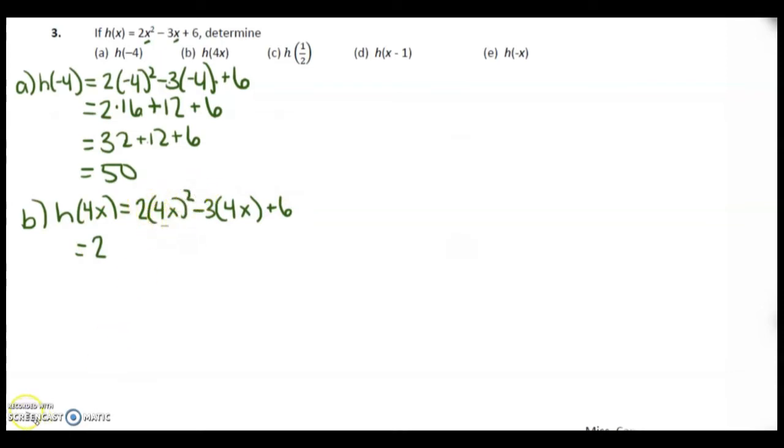Okay, just on the side of the paper, it would be 4x times 4x, which is 16x squared. Okay, so 2 times 16x squared. Now what's negative 3 times 4x? Negative 12x plus 6. Okay, now we have 2 times 16x squared, which is 32x squared, minus 12x plus 6, and that's it.